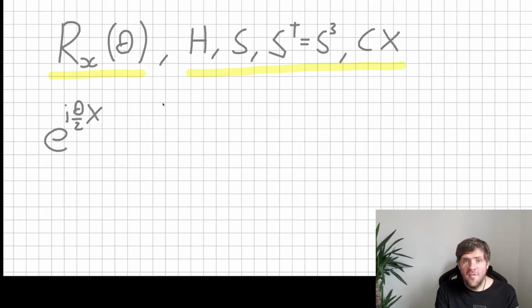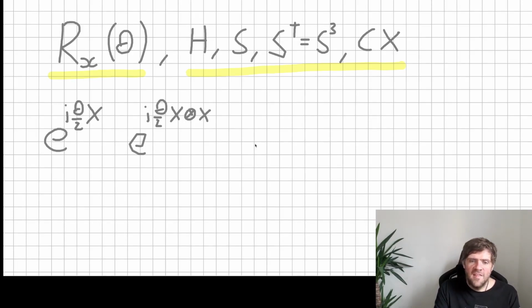But by using the 2-qubit Clifford, the controlled NOT, we can turn this into a 2-qubit gate, such as e to the i theta over 2 X tensor X. And therefore we can turn that into X tensor Z, Y tensor X, and so on and so forth.